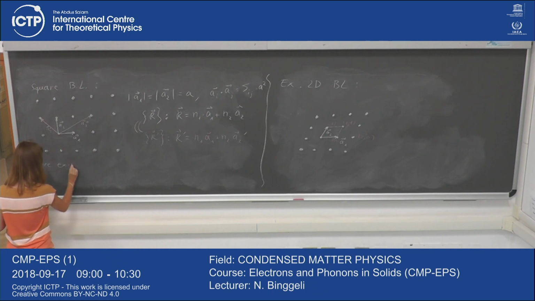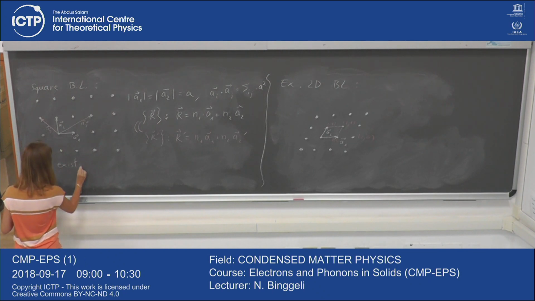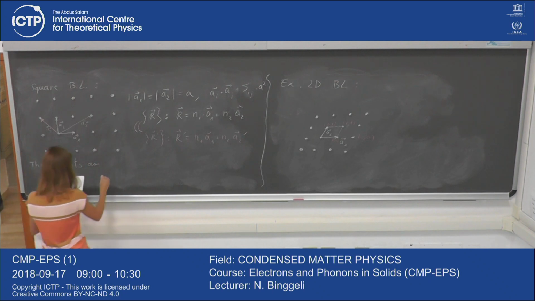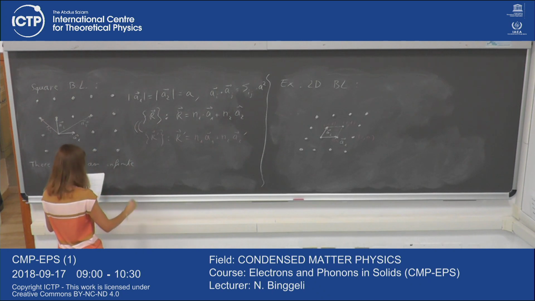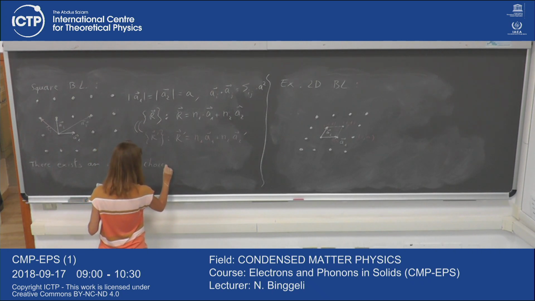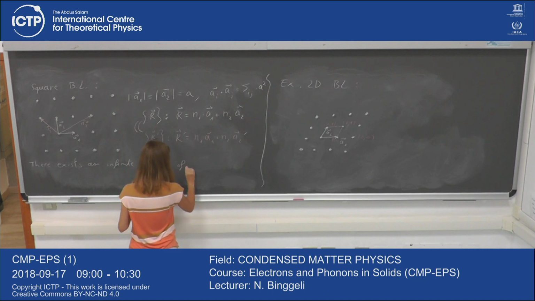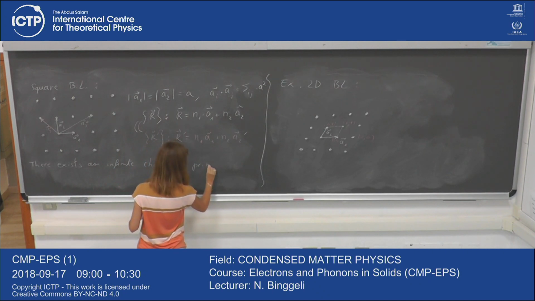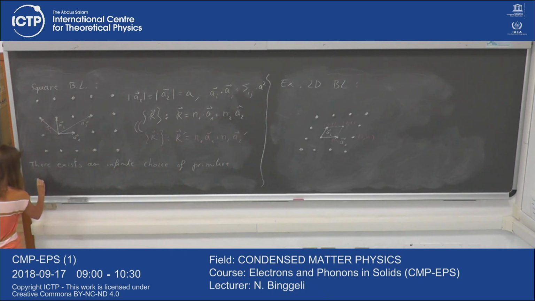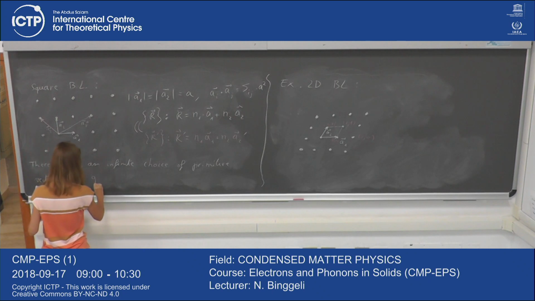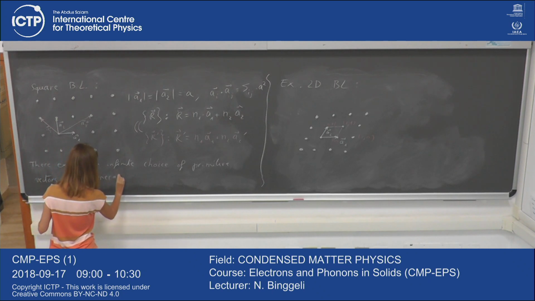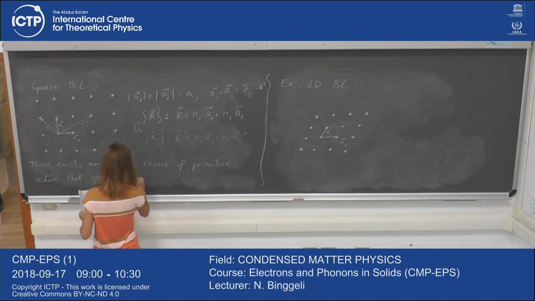So there exists an infinite choice of primitive vectors that generate a given Bravais lattice.